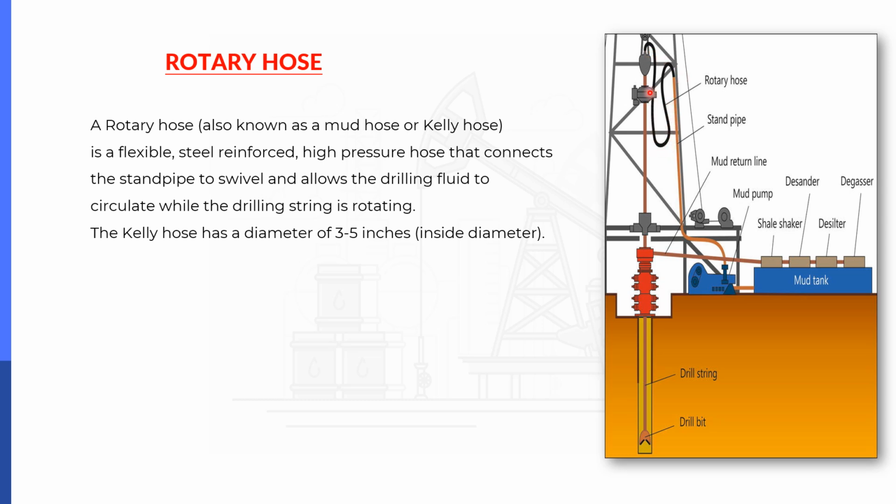When the drill string is raised, the traveling block goes up, and the hose also goes up with the traveling block. When the drill string is lowered, the traveling block comes down, and the hose also moves with it.